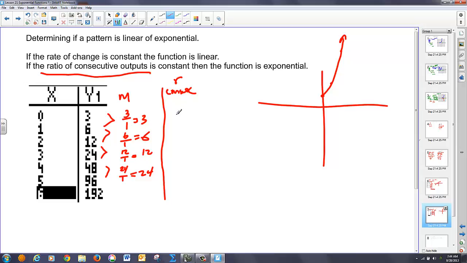So in this case, what I have is 6 over 3 for the first one, which is 2. 12 over 6 for the second one, which is 2. 24 over 12 for the third one, which is 2. 48 over 24 for the next one, which is 2. And you can see that the ratio of consecutive outputs, being y, is constant. So this is exponential.